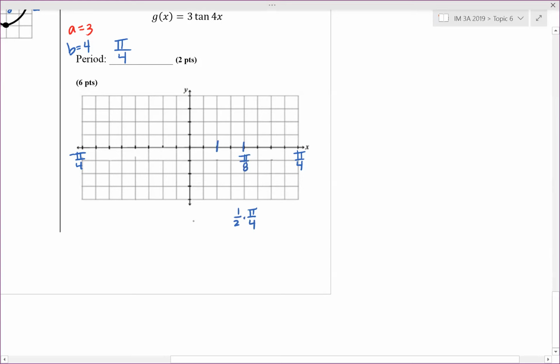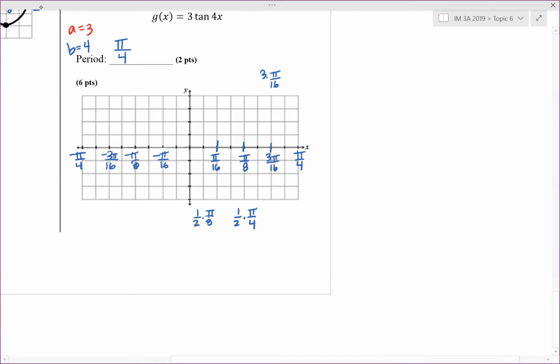So half of pi over 8 is pi over 16. And then for the one that I skipped, I'm doing 3 times pi over 16. 16 and 3 don't reduce, so it's just 3 pi over 16. So then negative pi over 16, negative pi over 8, and negative 3 pi over 16.